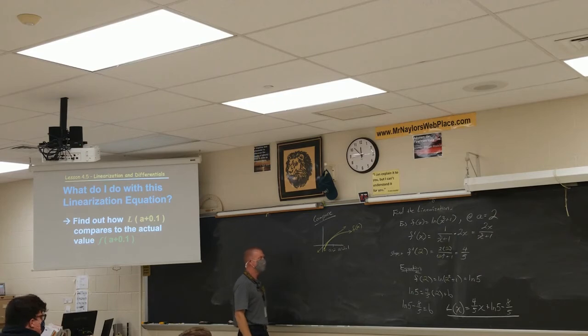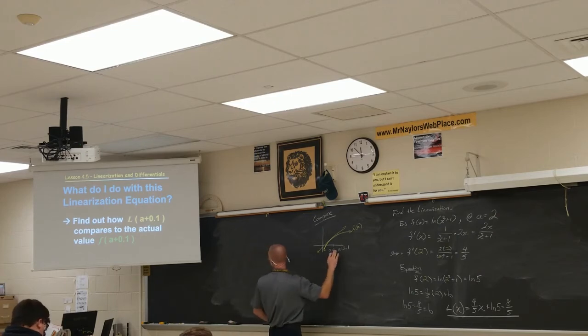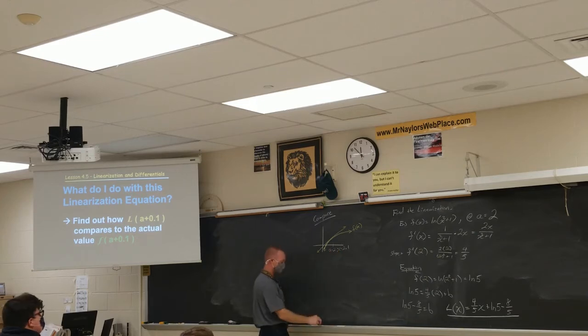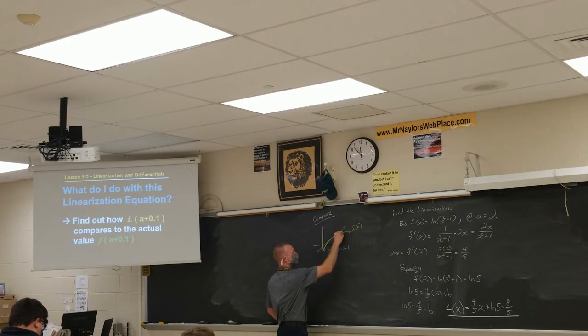Now, at this new place, I guess I shouldn't call it a. I guess we'll just call it x. But at this new place, at this 2.1, I'm going to end up with two different y values. I'm going to end up with what we would call the actual y value. That would be f of 2.1. And then I'm going to get what we would call the estimated y value.